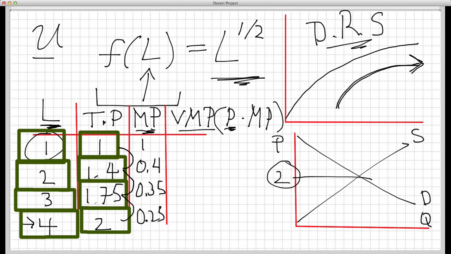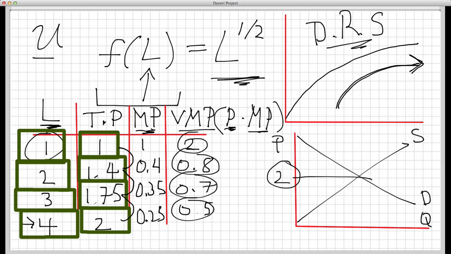Then the value marginal product of 1 unit of labor is 2 times 1 is 2, 2 times 0.4 is 0.8, 2 times 0.35 is 0.7, and 0.5. Okay, so value marginal product is price times marginal product, and we get these numbers 2, 0.8, 0.7, 0.5.